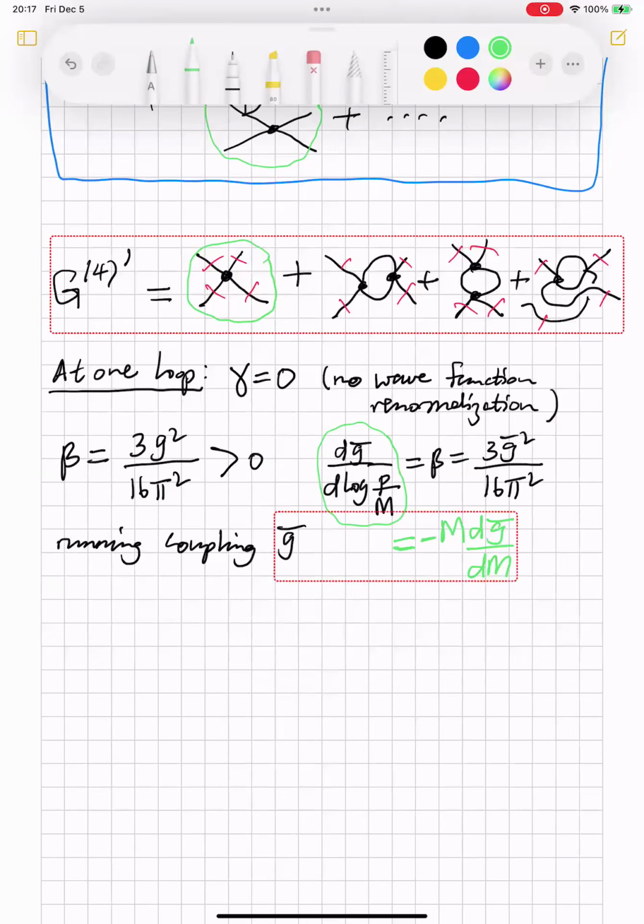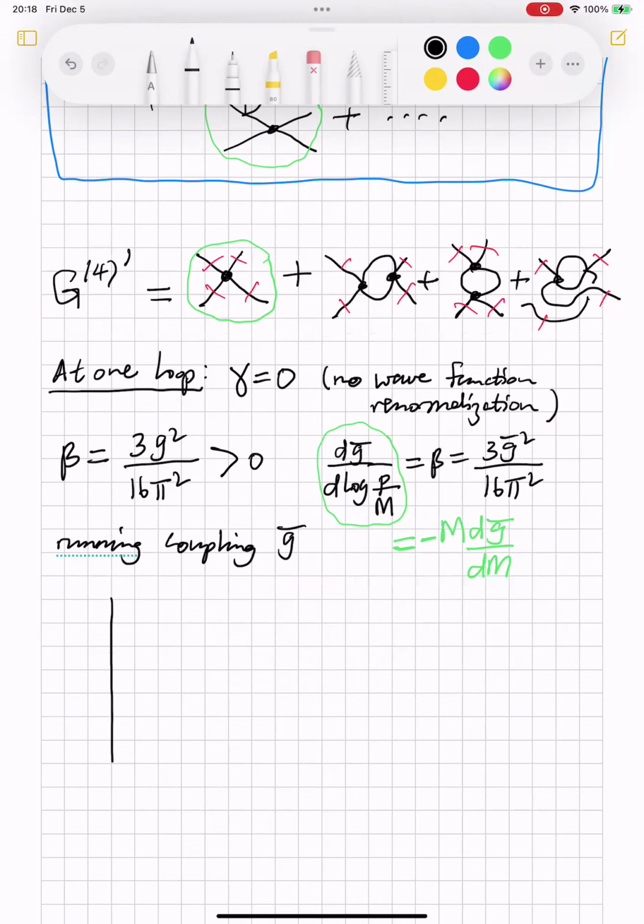So we can very easily solve this differential equation; it's not a difficult differential equation to solve. And what you find is, so we can then plot the running coupling. There it is, g bar. And on this axis, we can plot the log of p over m, or you can plot p over m itself.